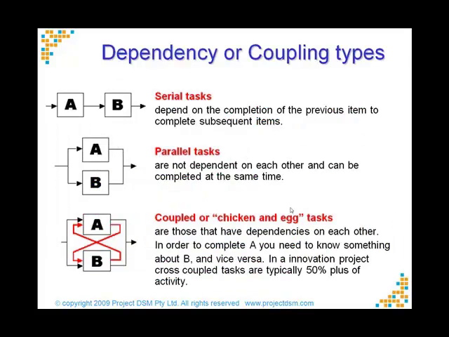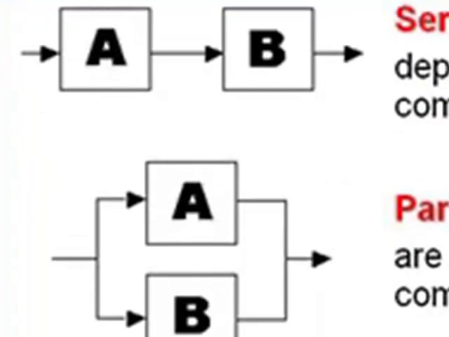The serial tasks, we've got coupled or dependency types, coupling types, and there are basically three. Now, serial tasks are the first of the category, and they're the simple A leads to B, that is, A must be completed before B can be started, and they're sequential tasks.